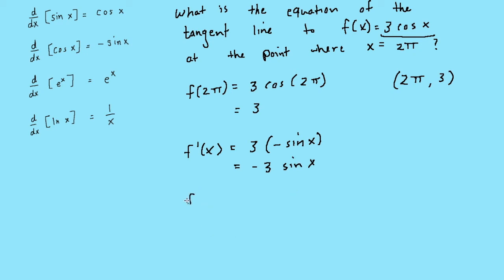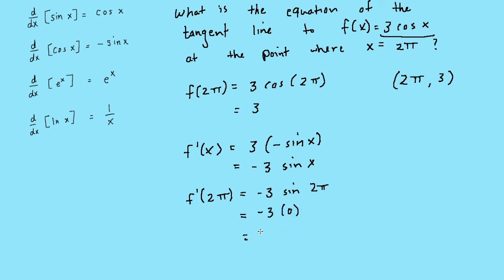Then we'll plug in 2 pi to find the slope of the function at 2 pi. So we're going to do negative 3 times sine 2 pi. Sine of 2 pi is 0, so we'll have negative 3 times 0, and this is telling us the slope of our equation at 2 pi is equal to 0.